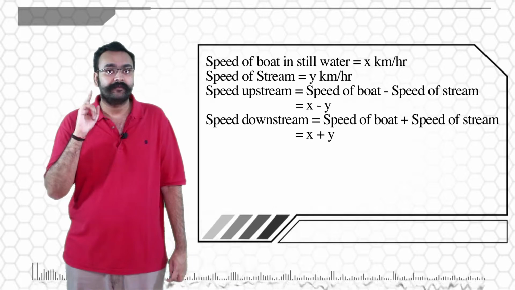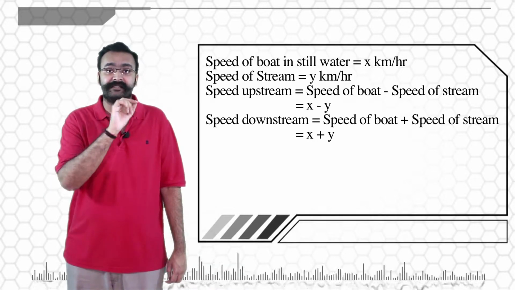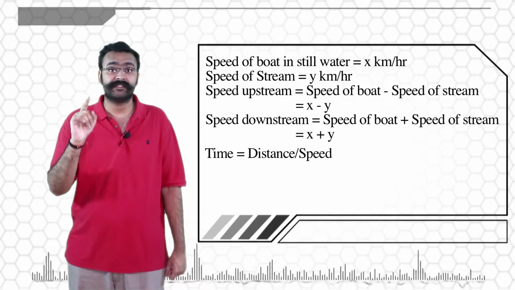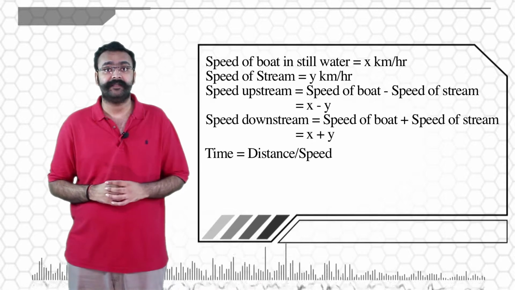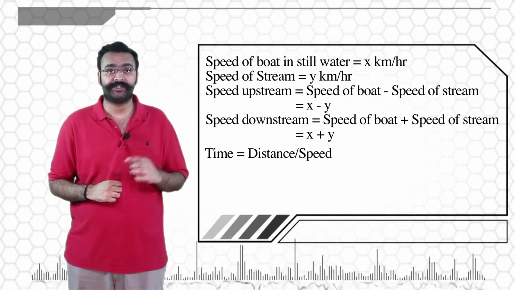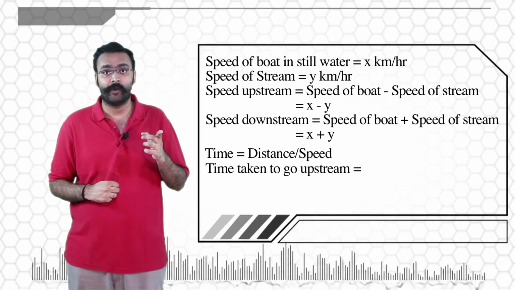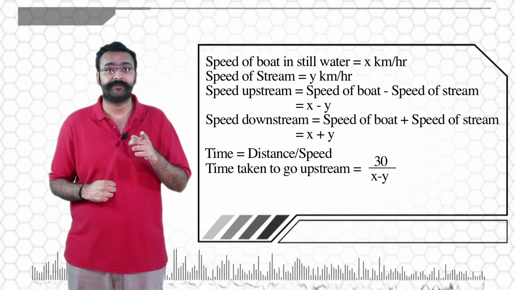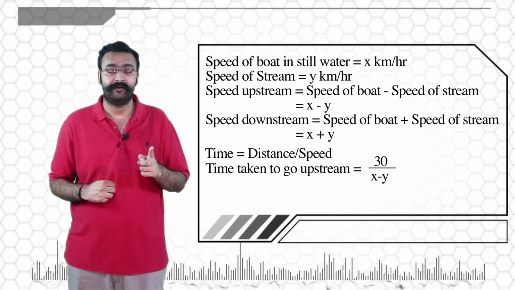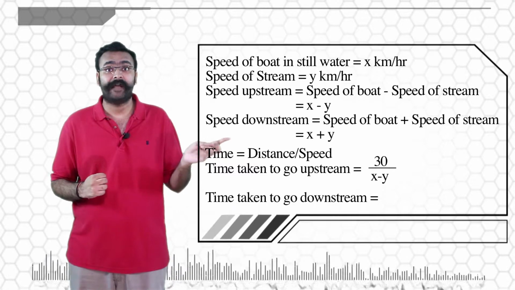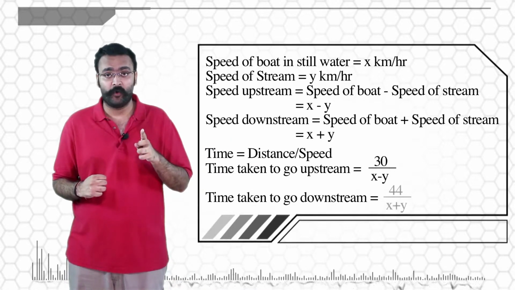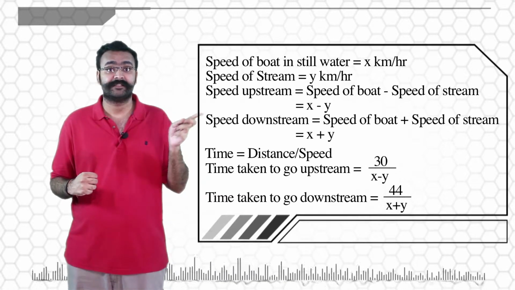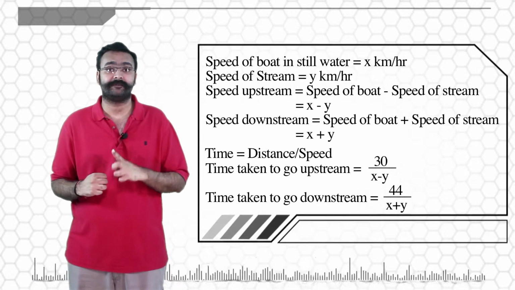Using the formula distance equals speed into time, which means time is equal to distance upon speed, the time taken to go upstream will be distance going upstream 30 divided by speed going upstream x minus y, and time taken to go downstream will be 44 kilometers divided by speed going downstream, x plus y.